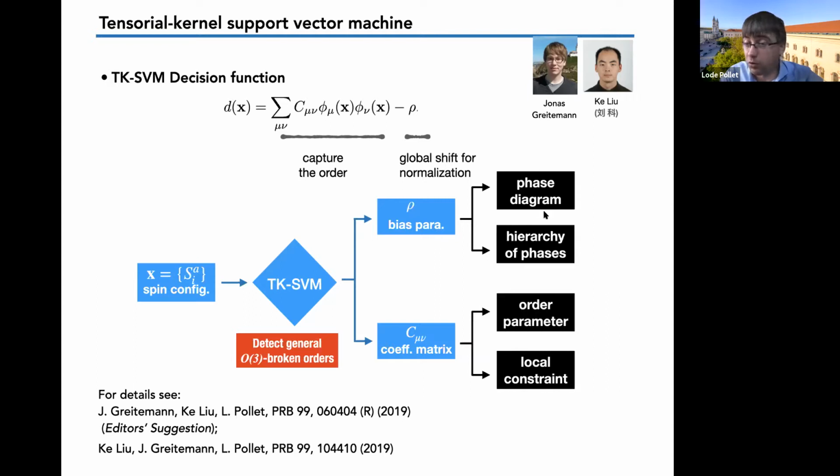It will give us the topology of the phase diagram, and an idea of what phase is more ordered than what other phase. After we have done this, we will analyze the symmetry properties of each phase individually by analyzing the structure constants c, mu, nu, from which we will be able to extract order parameters or local constraints in spin liquids. Okay, and this is the whole scheme that works.